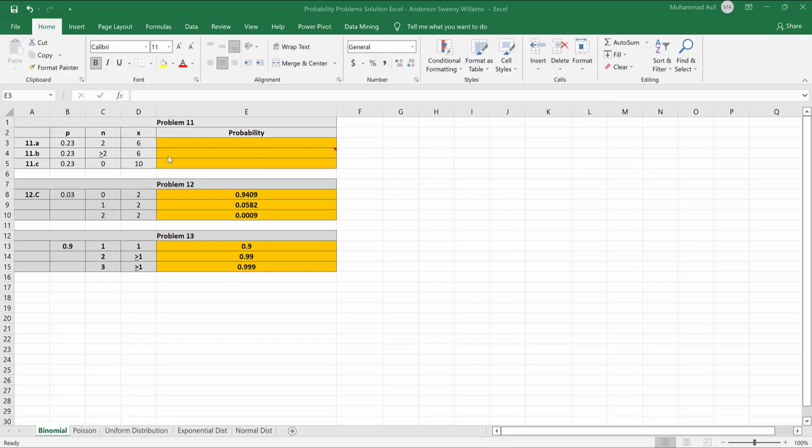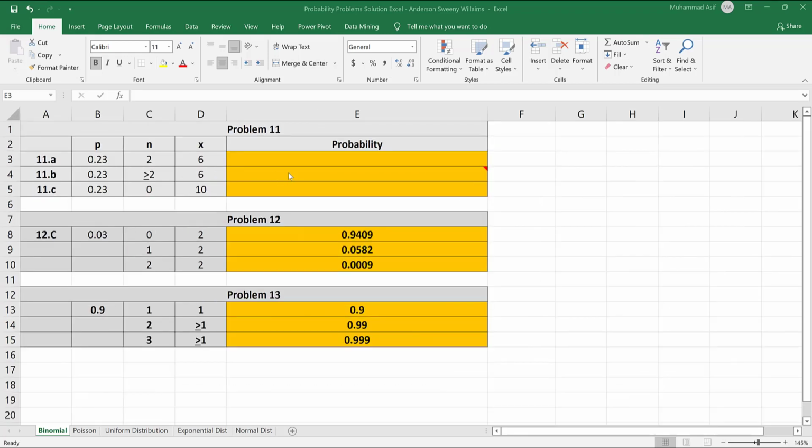I have converted that problem into this table in Microsoft Excel, where we will be calculating binomial probability. 0.23 or 23%, that's the probability, and then n is the number of trials, and x is the number in which we are interested.